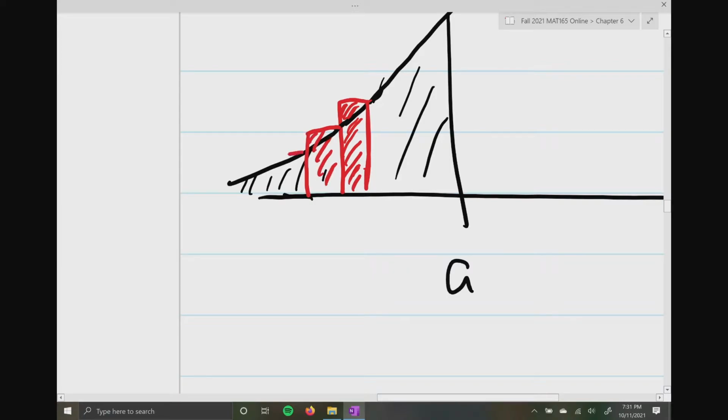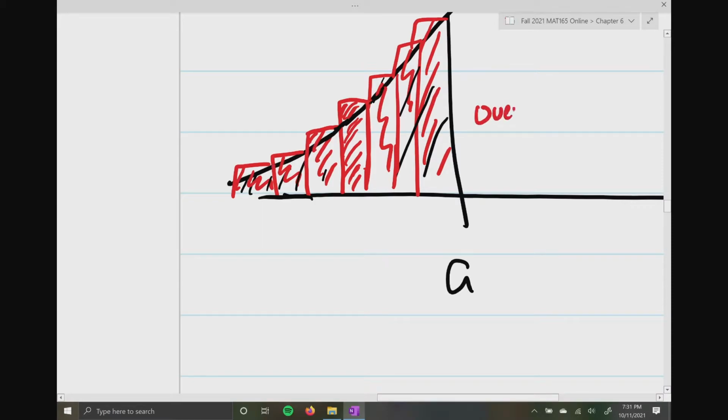I could draw another rectangle and find that area, and I can do this for this entire shape. But the problem with this, and hopefully you're seeing this, is that this will be an overestimation, but that's okay because it gives us an estimation. It gives us a really good idea of what that probability actually is.